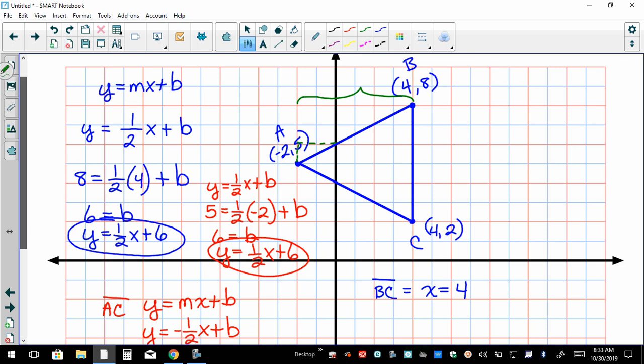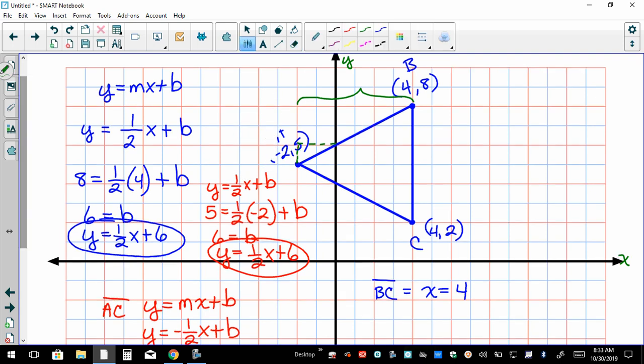How about the y values on that line? Well, y goes this way, right? This is the y-axis. This is the x-axis. It's from right here. Oh, I went too far. Let me redo that. It's from here to there.